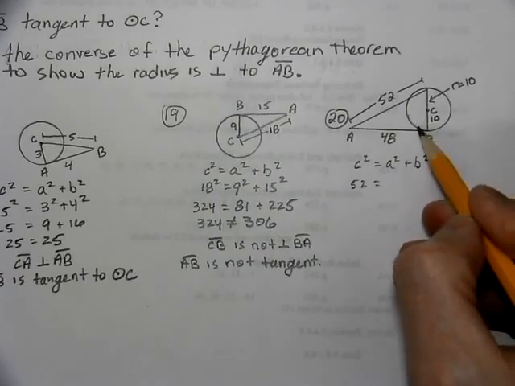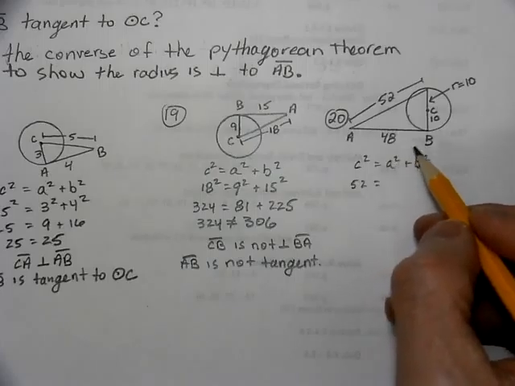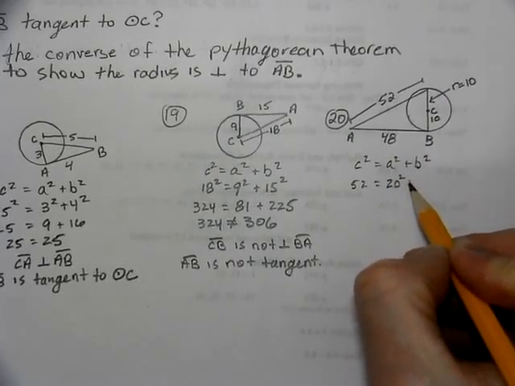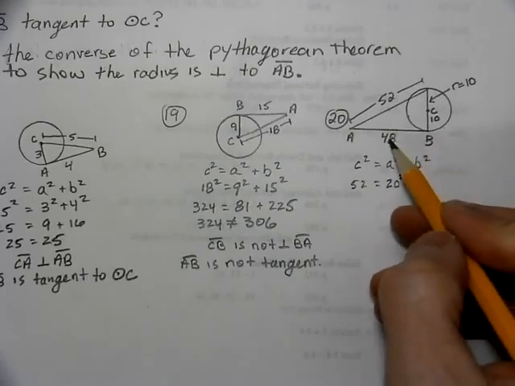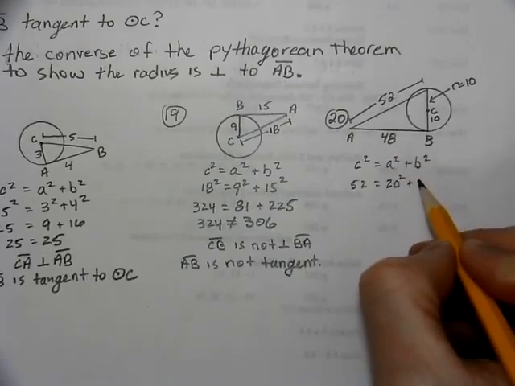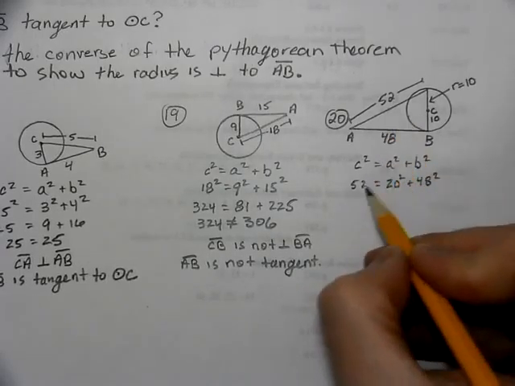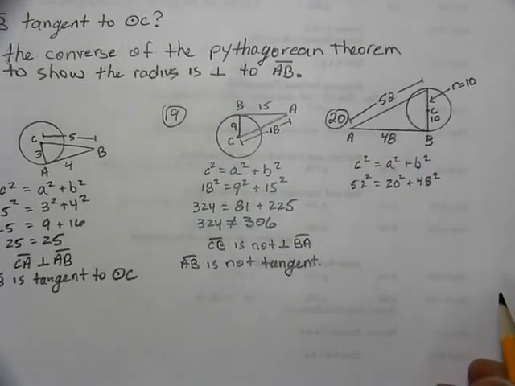We're still trying to see, is this 90 degrees down here? So the two legs, one is going to be 20 and the other is going to be 48. So it's 52 squared, by the way.